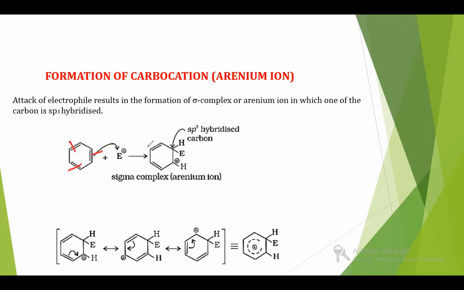Then what happens? On this benzene ring there are alternating double bonds. If the electrophile attacks here, E binds with this double bond, which becomes a single bond, with hydrogen and the electrophile on this carbon. This carbon becomes electron deficient and forms a positive charge here.